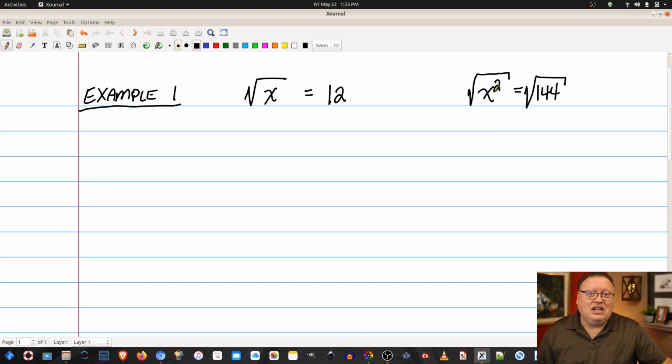So I get the square root of x squared would just be an x. And I'll talk about why that's the case in just a second. And then the square root of 144, well, we know that's equal to 12. Well, look at this, x squared and a square root. Well, a square root of x, I want you to see, is just x to the 1/2 power.